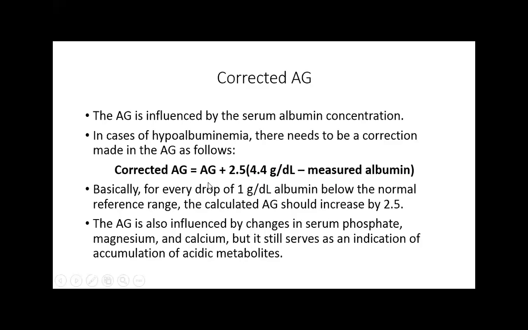If you see a person who is hypoalbuminemic, you first calculate an anion gap and then correct for the drop in albumin. Essentially, for every gram per deciliter of albumin, there's a change in the anion gap of about 2.5.